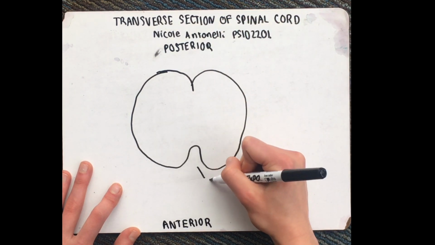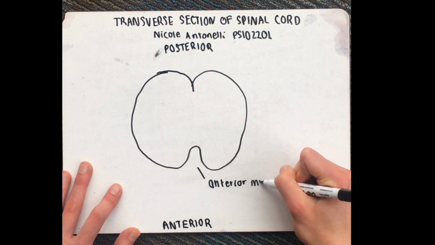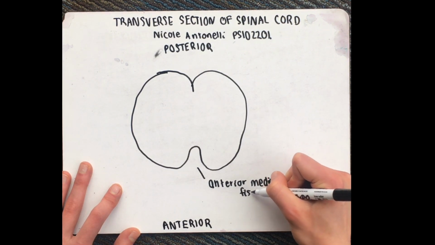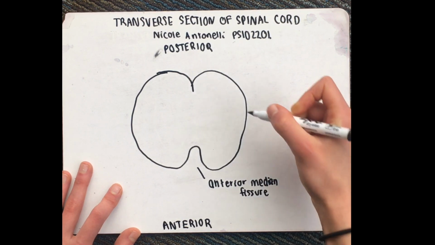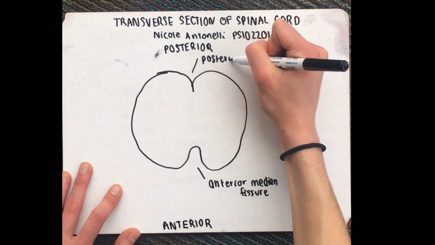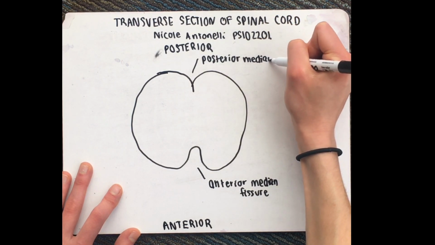So the first things we notice here, we have the anterior median fissure, which is a wide deep groove on the anterior surface. And on the other side, we notice the posterior median sulcus, which is a narrow groove on the posterior surface.